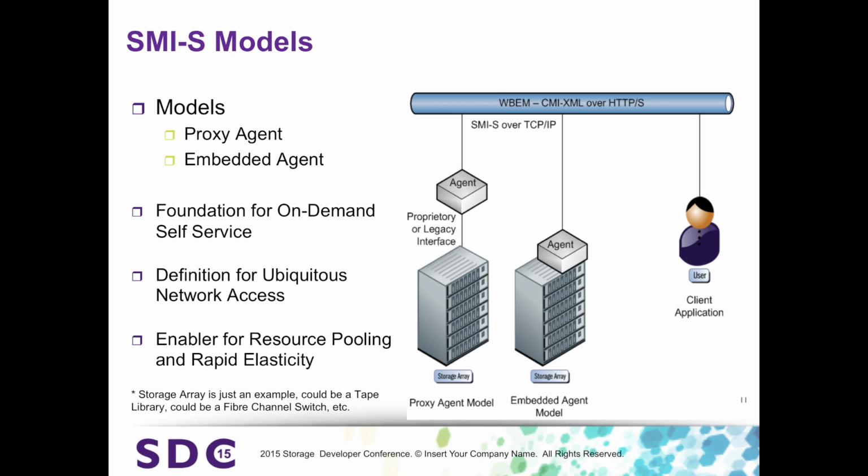However, as the array gets bigger, as it gets more complex, as you have to handle things like indications, because drives fail, things like that, this agent may grow beyond what you want embedded inside of your array. At that point, it's very easy to go with an agent model, at which point the agent can talk any proprietary language you want to your device. And again, this doesn't have to be an array, it could be a switch.